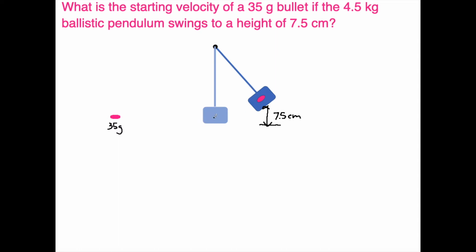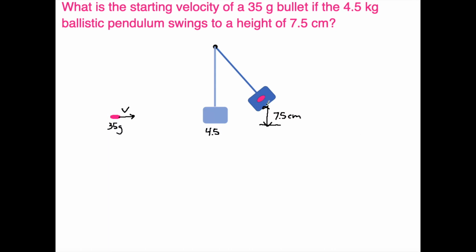Mass of the block is 4.5 kilograms. When things are in the right unit, I usually don't put a unit. Our masses should be in kilograms. This wasn't, and this wasn't in meters, so I put centimeters. So I want to find the velocity of this bullet.